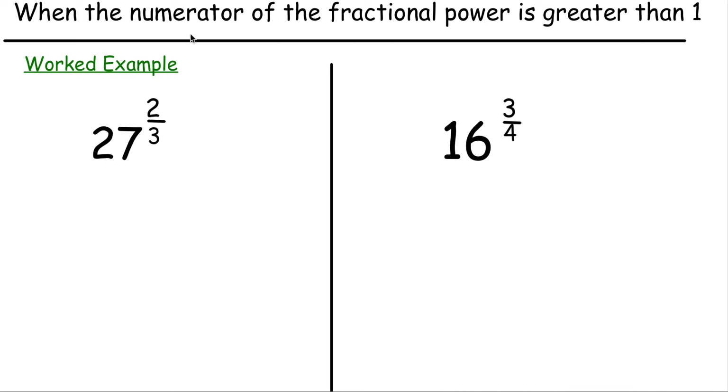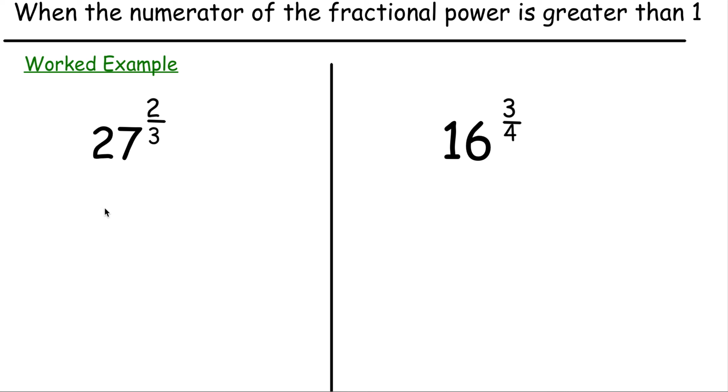Now let's look at questions where the fractional power is greater than 1, or the numerator is greater than 1. So previously we saw what happened when the numerator was 1. Now we're going to look at what happens if it's bigger than 1, what happens if it's 2. So you need to apply the rule of indices over a bracket.